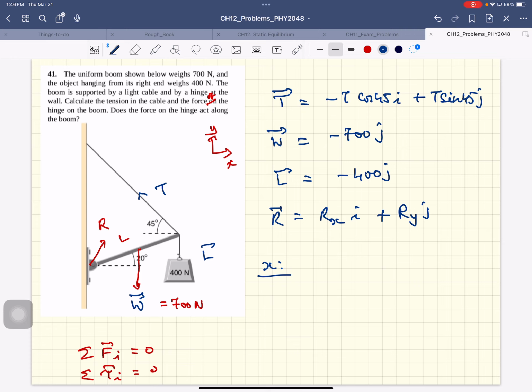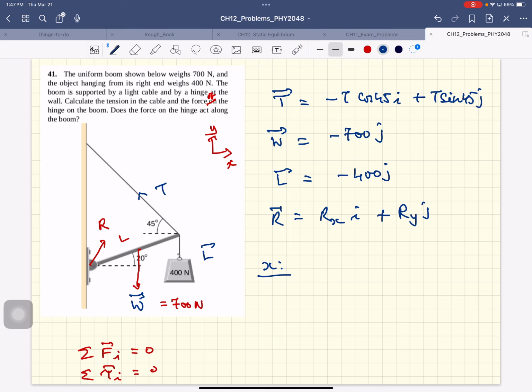All right. So what we're doing is making sure that the sum of these forces on the boom is 0, because we don't want the boom to move. The center of mass of the boom is not moving. So we'll add the x components. These are the 4 forces acting on it. The x components of these forces should add up to 0.